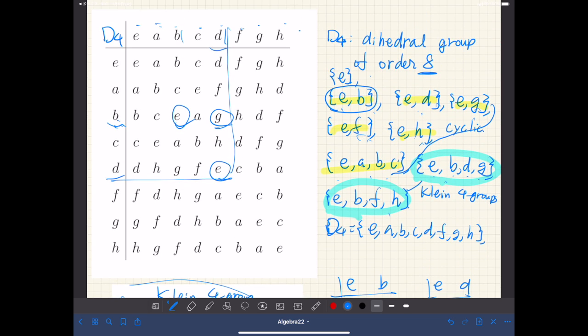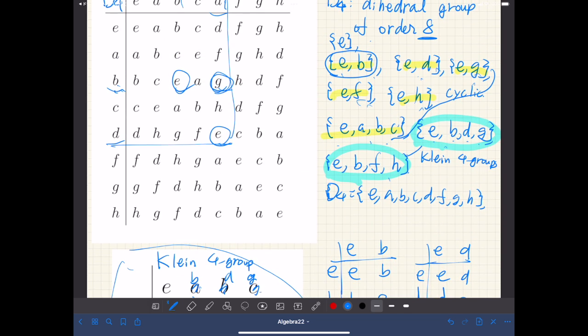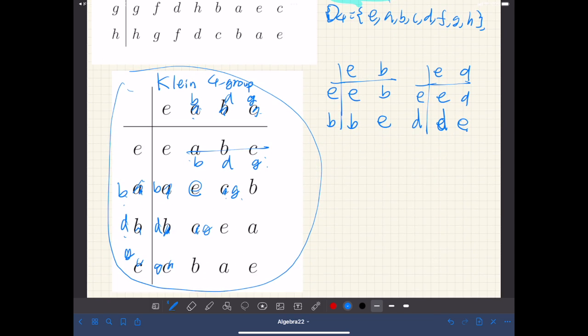B times D is G, yes. D times B is also G. So that's okay, and so on.